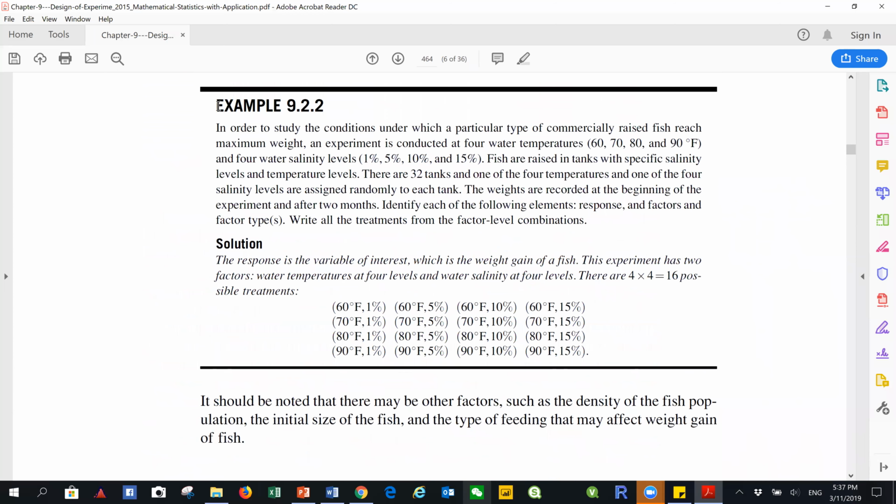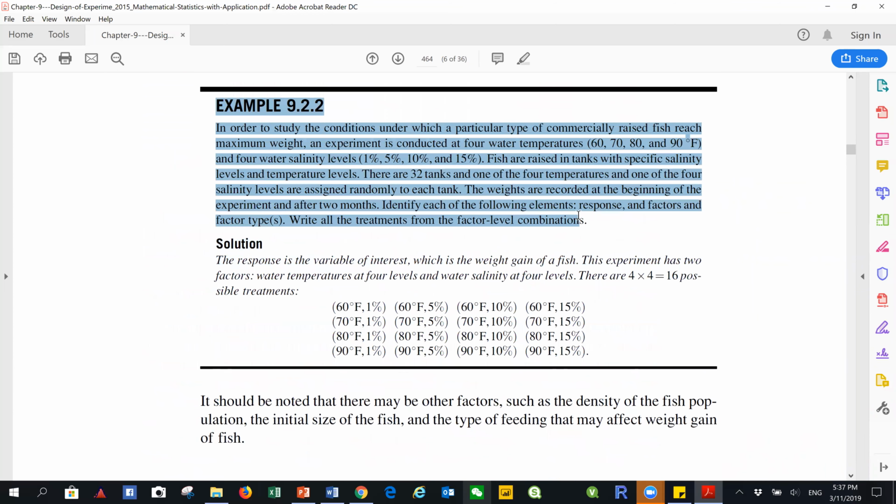Okay, for example, here in example 9.2.2, we see that in order to study the conditions under which a particular type of commercially raised fish reach maximum weight, an experiment is conducted at 4 water temperatures and 4 water salinity levels.